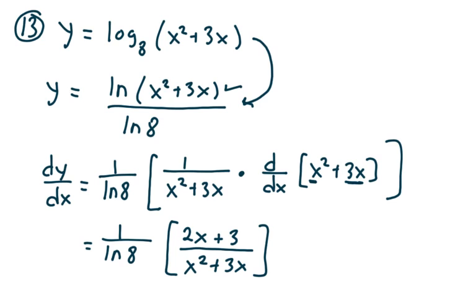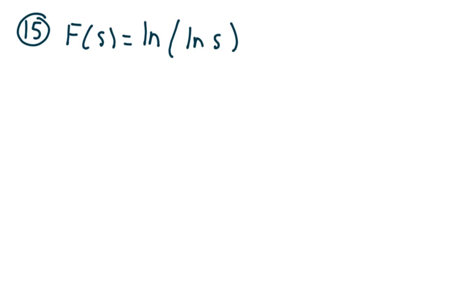If we take a look at 15, suppose f of s is natural log of natural log of s, and we want f prime of s. Now, the outside function and the inside function match. And so we're going to take 1 over natural log of s, and we're going to multiply. Remember, we're peeling an onion.